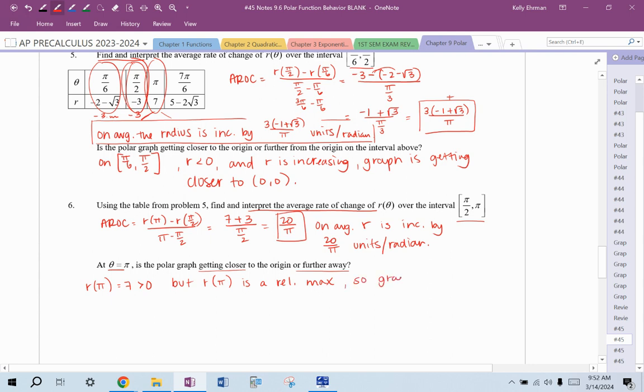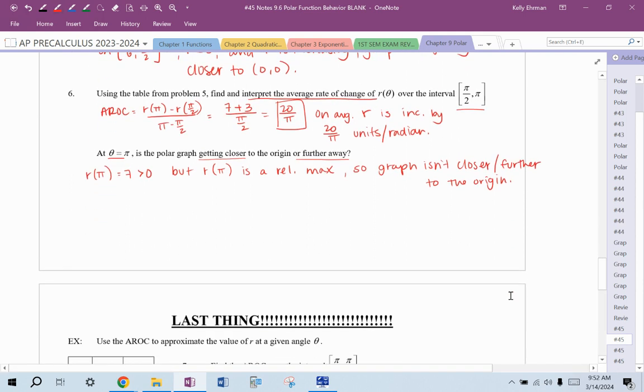So the graph isn't closer or further from that point to the origin. Basically, that's a turning point. It's kind of like you've hit the brakes and you're stopped. Or I'm sorry, this is like before you've hit the brakes. You're not accelerating and you're not decelerating. You're just stuck right there for a second.